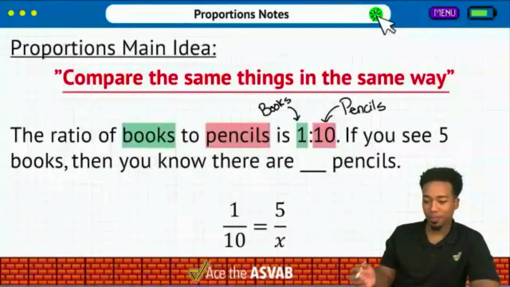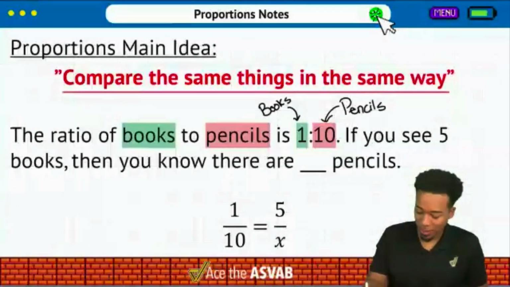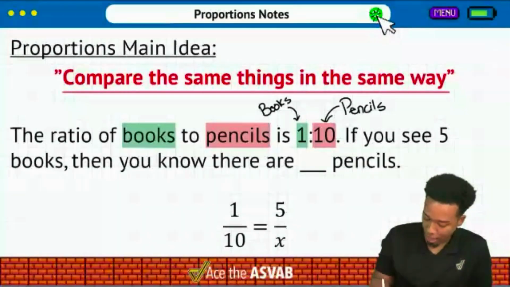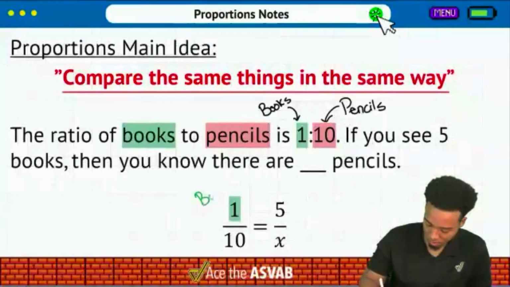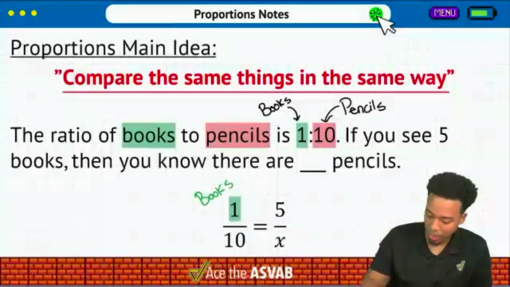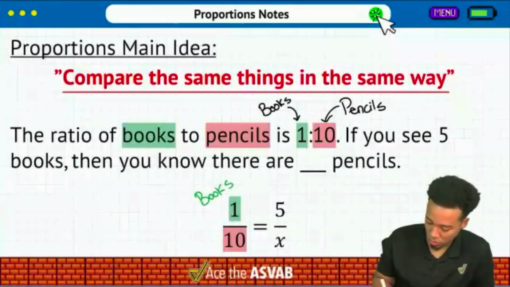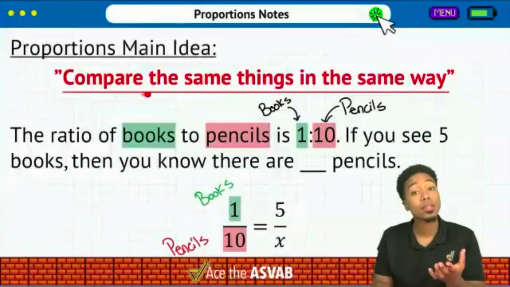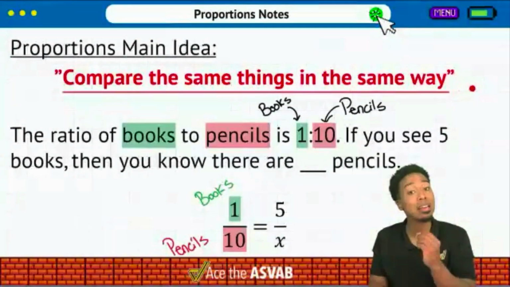All right. So when we take a look right over here at the bottom, the top number here, we know that represents books. And then this on the bottom, the 10, represents pencils. So what am I getting at? Well, everybody, the main idea is right here again. Compare the same things in the same way.